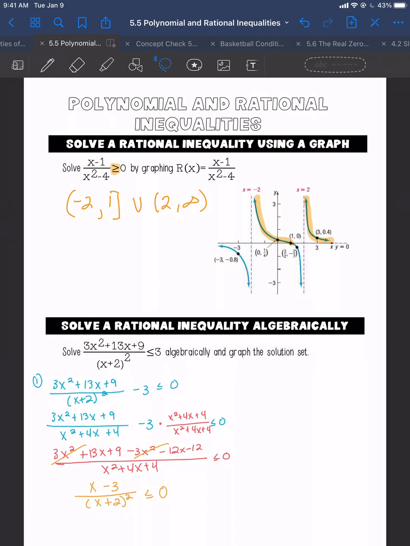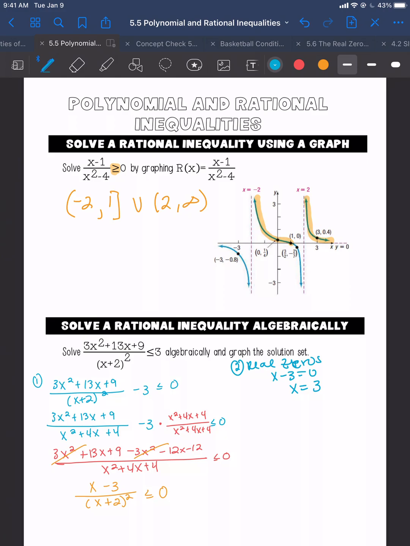Alright, so next we need to find the x-intercepts or the real zeros. We do that by taking the numerator and setting it equal to 0. So that happens at x is 3.